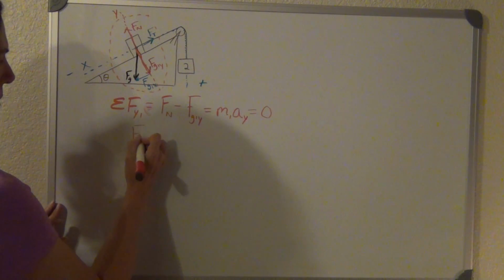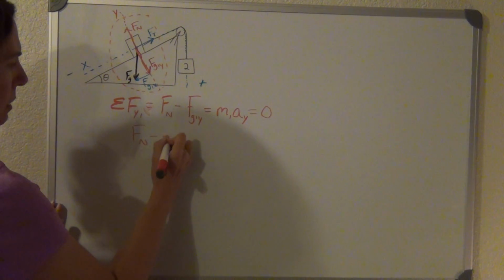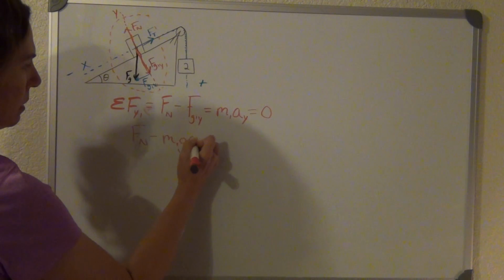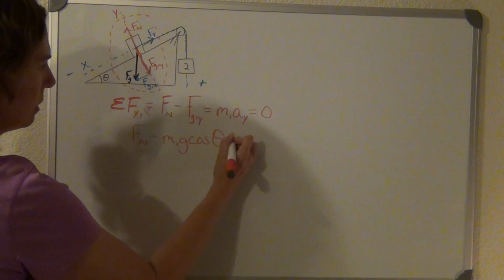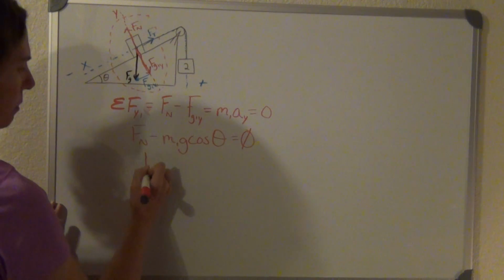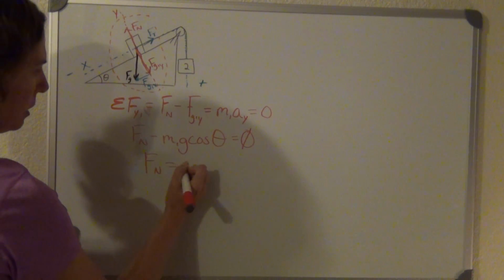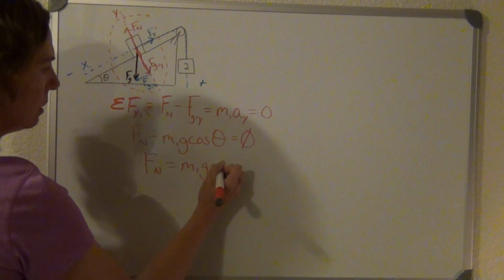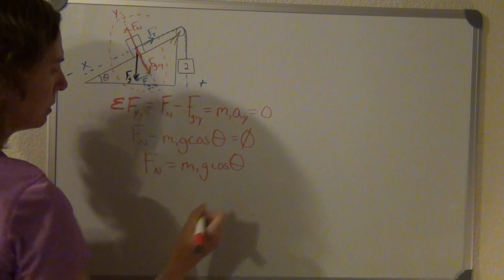Then we could substitute in: Fn minus m1g cosine theta equals 0. Solving for Fn, Fn equals m1g cosine theta.